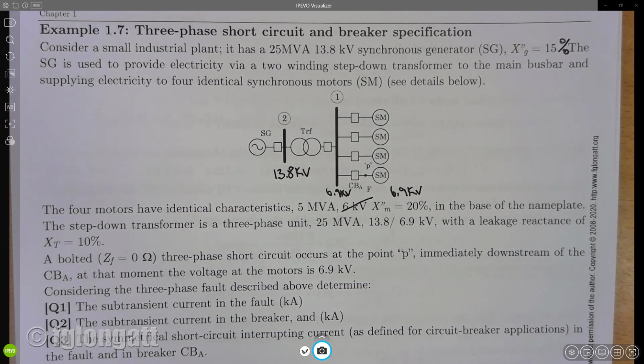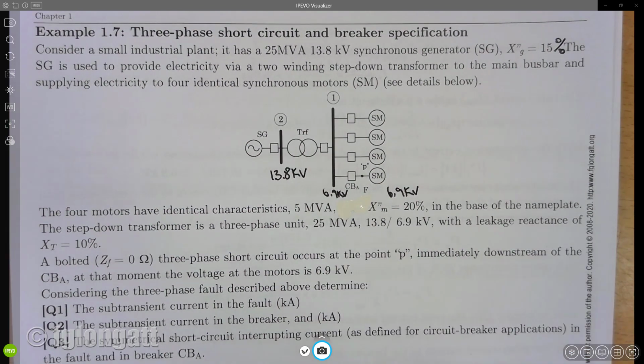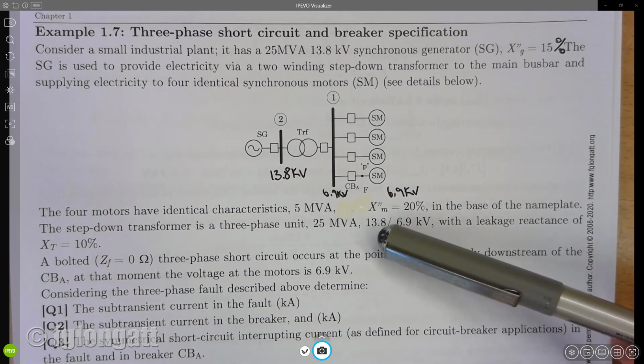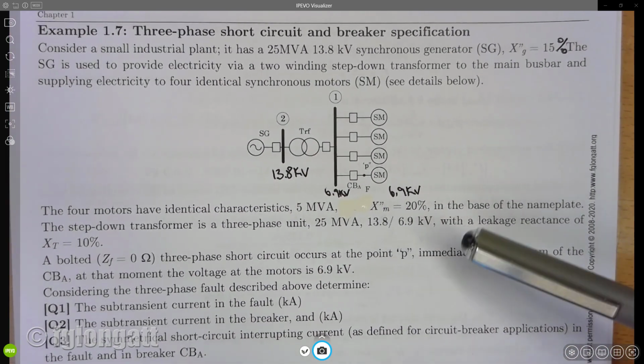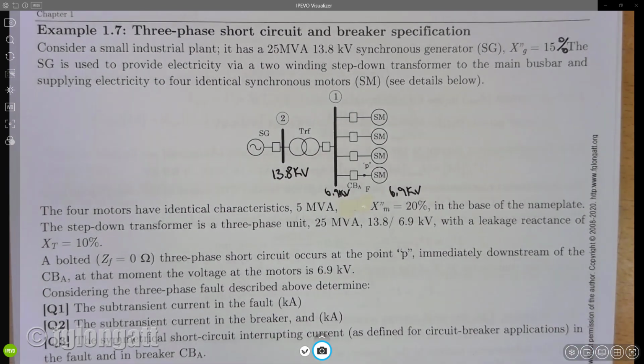Okay, let's put this a bit more elegant. Okay, the step-down transformer is a three-phase unit, and in this three-phase unit, is 25 MVA and is transforming from 13.8 to 6.9, and the leakage reactance is 10%. Okay.